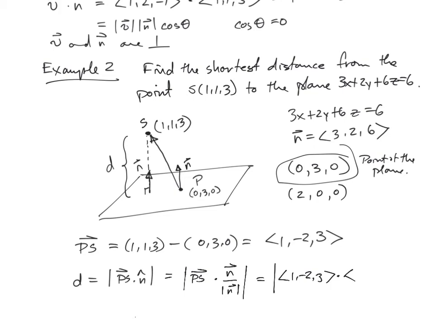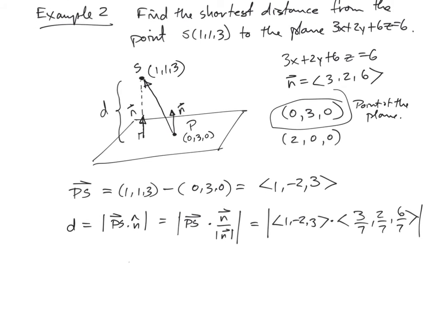That's 49. Take the square root, it's 7. So you divide it by 7. So we get 3 over 7, 2 over 7, 6 over 7 is our n hat. And you do that dot product, 1 times 3/7 plus -2 times 2/7 plus 3 times 6/7, and we end up with 17/7. So that's the distance we're looking for.